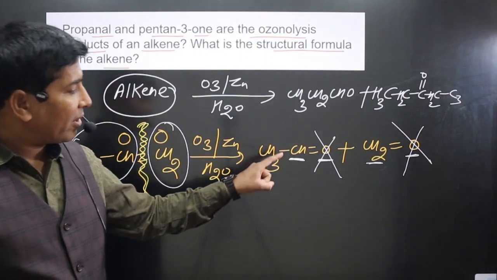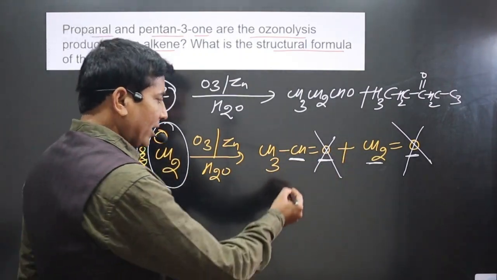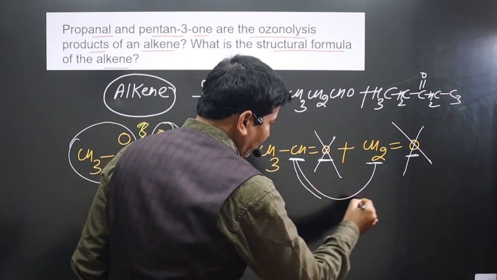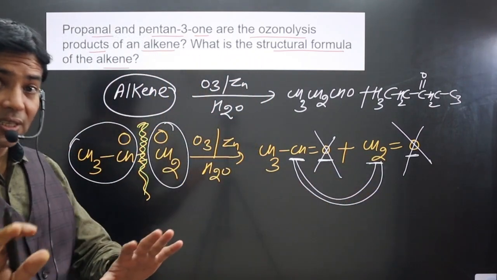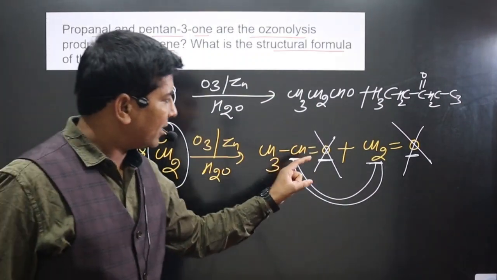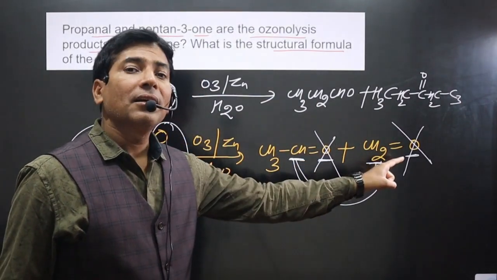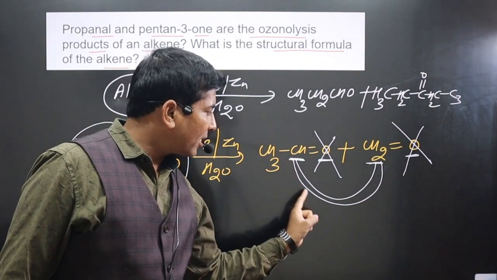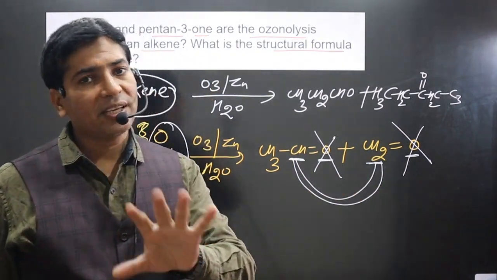Now, to satisfy the valency of these two carbons, we connect them via a double bond. After removing both oxygens, the carbons to which oxygen was attached are connected via a double bond to satisfy their valency.